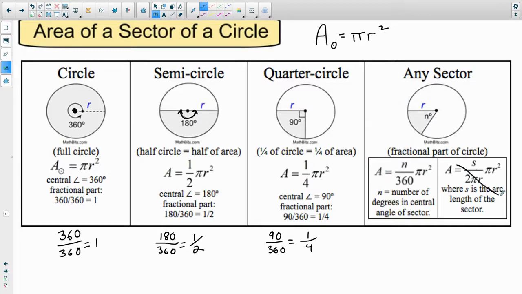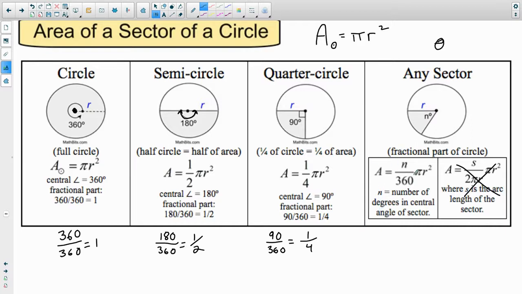Well, I'm not going to look at this one over here, so I'm going to cross that one out for today. Today, we're going to look at this formula right here. And in this particular picture, they're using n degrees as the amount of any sector could have, right? Any given sector could have any amount of degrees. I usually use theta instead of the n, but let's just look at theirs, and I'll write it again underneath with the theta the way I usually write it.